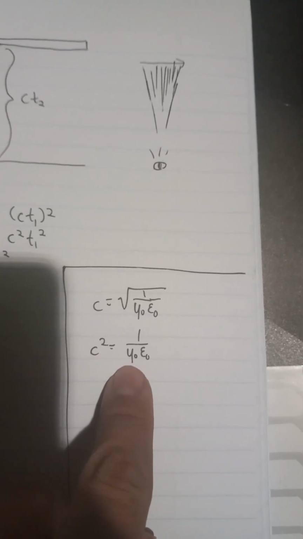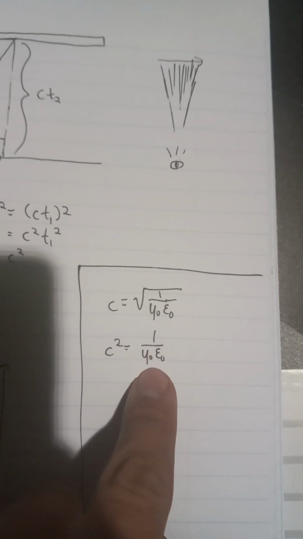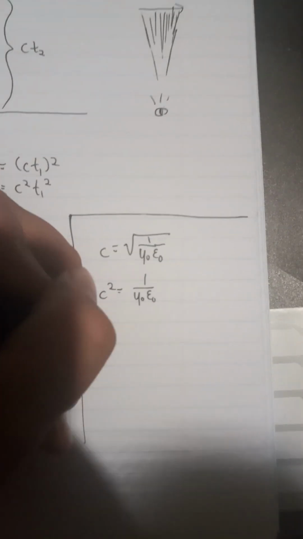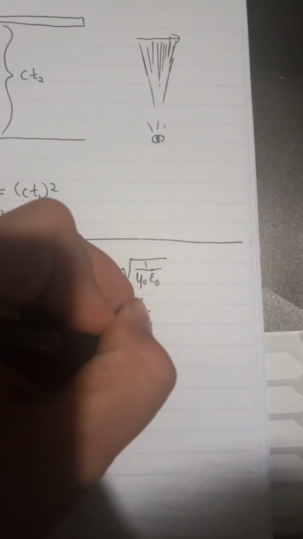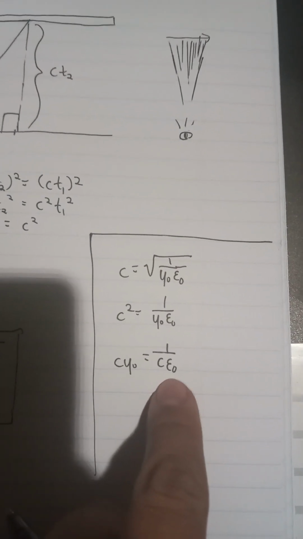Now what we're going to do is divide both sides by c and multiply both sides by mu sub naught, and what we get is this right here: c mu sub naught is equal to 1 over c epsilon sub naught.